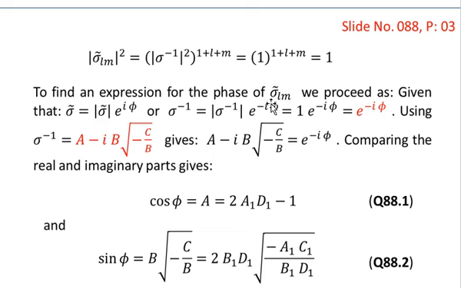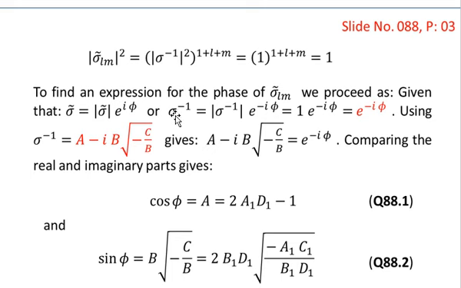To find an expression for the phase of sigma prime Lm, we proceed as follows. Sigma prime is equal to mod sigma prime times e to the power iota phi. That is, a complex quantity can be written as the amplitude of that complex quantity multiplied by the phase term. Either you can omit the sign of the prime or you can keep it there, that would not change anything, since this sigma is the same as sigma prime.